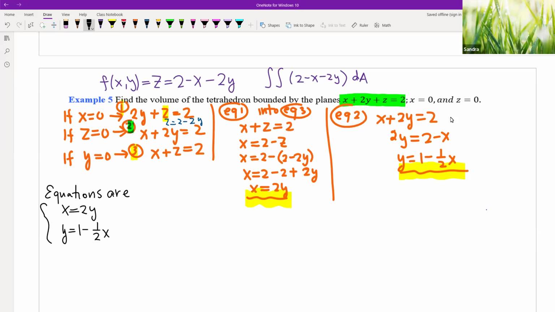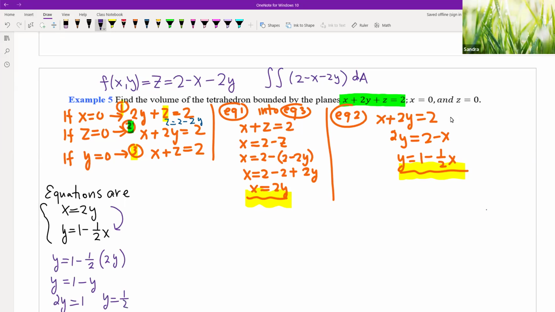If we want to find the point of intersection, I'm going to substitute this one into here. So I get y equals 1 minus 1 half times 2y, and when I do, I get y equals 1 minus y. 2y equals 1, so y equals 1 half.